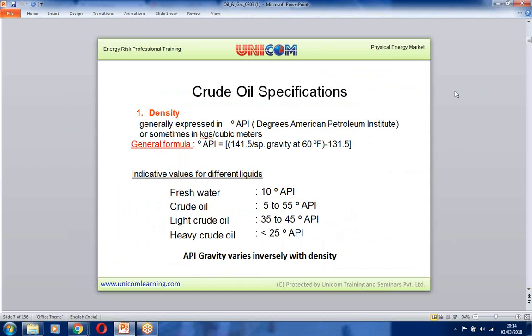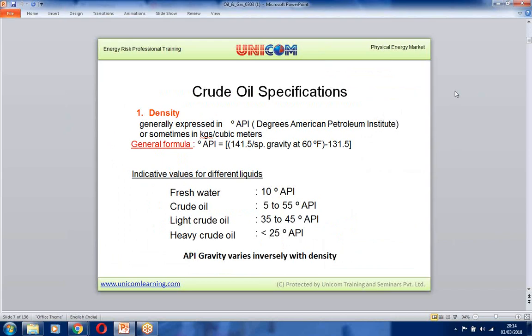If we have high density, it means low API. Fresh water has an API of 10 degrees. Crude oil generally has an API much higher than that. High quality crude oil will have an API in the range of 35, 40.